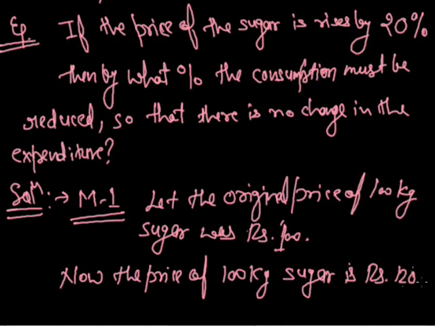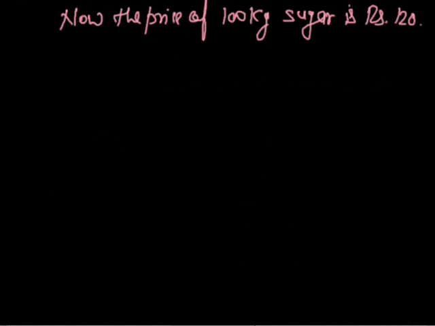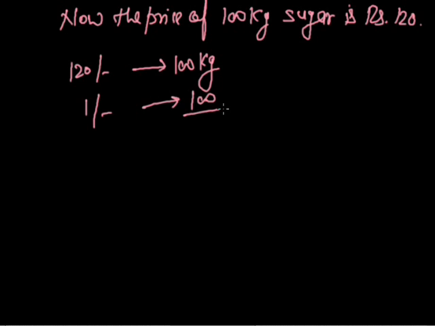Is it or not? Now we can see that the price of sugar is 120 rupees for 100 kg. So in 1 rupee we can get 100 upon 120 kg of sugar.